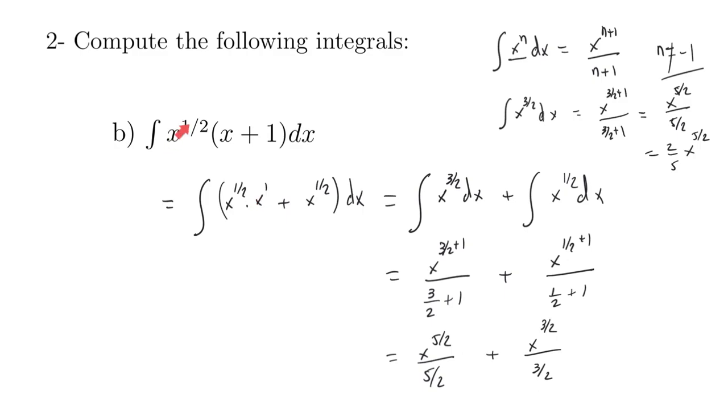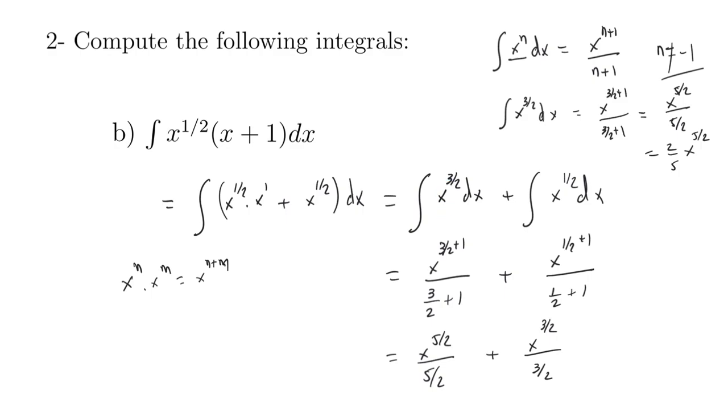And you remember from elementary algebra that x to the n multiplied by x to the m is x to the n plus m. So this one will be reduced to x raised to the power 1/2 plus 1, which is 3/2. So we arrive at x to the 3/2 dx plus x raised to the power 1/2. Now I can use the power rule.